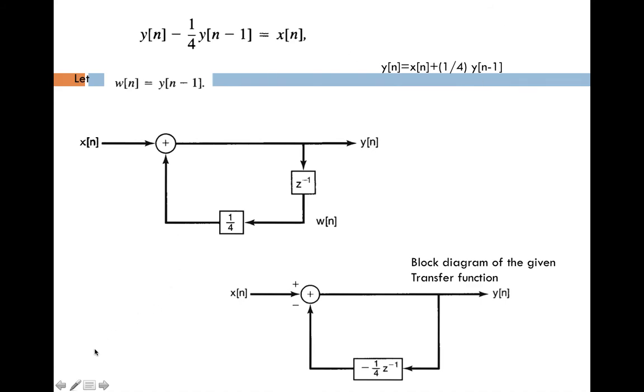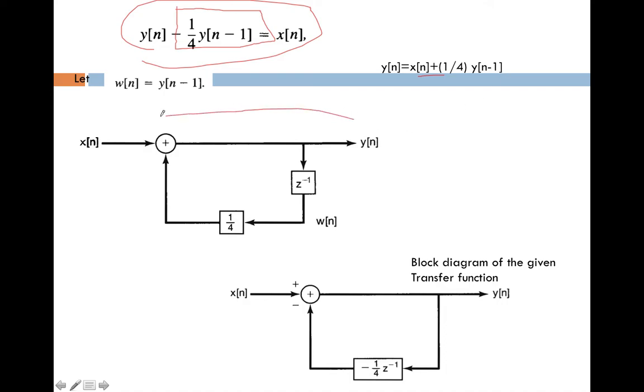Now as we discussed in the previous slide, we are going to write this equation like y of n is equal to x of n plus, that is, I'm going to move this particular term to the right hand side, so x of n plus 1 by 4 into y of n minus 1.